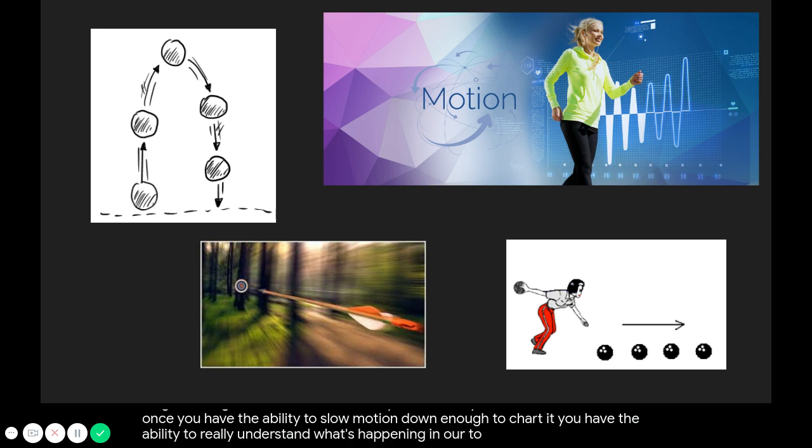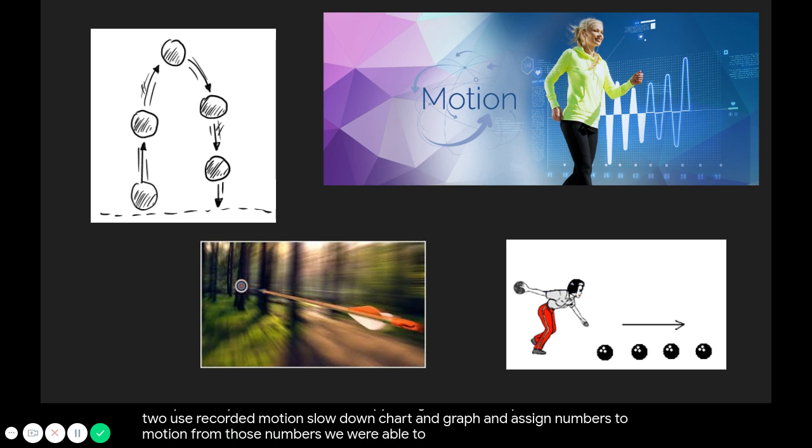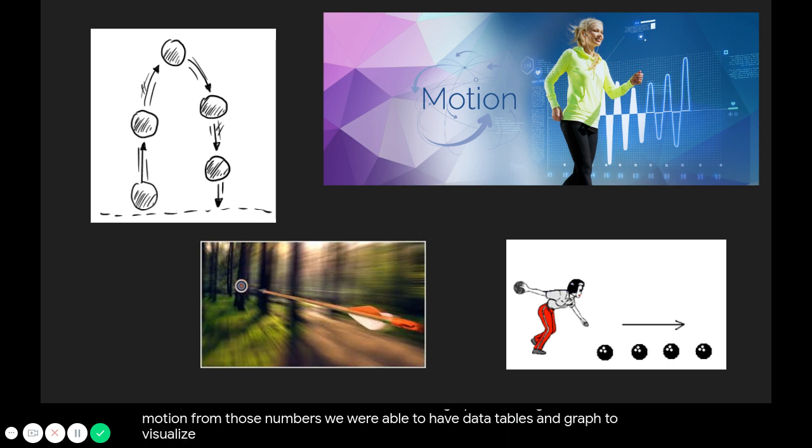In our two experiments, we were able to use recorded motion, slow it down, chart and graph, and assign numbers to motion. From those numbers, we were able to have data tables and graphs to visually see what those data tables represented and how motion is represented on a graph.